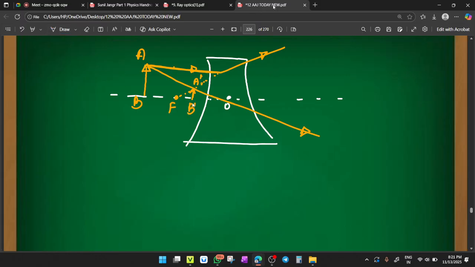Student, in the case of concave lens, when your object is anywhere other than infinity, the image formed is virtual, between optical center and focus, and it is virtual, erect and diminished. You will have a small sized image compared to the object.